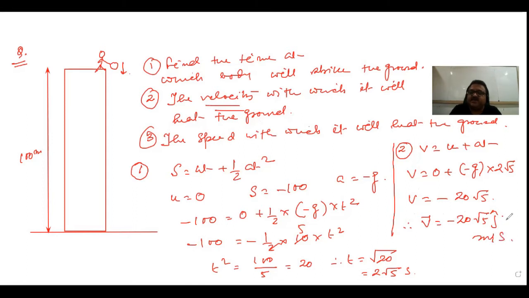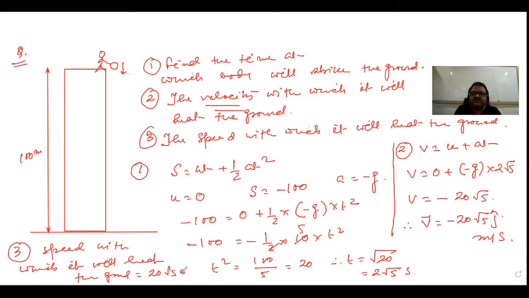Is it clear? But in the last question, it is asking the speed with which it will hit the ground. So the answer is: speed with which it will hit the ground is 20 root 5 meter per second. Okay.